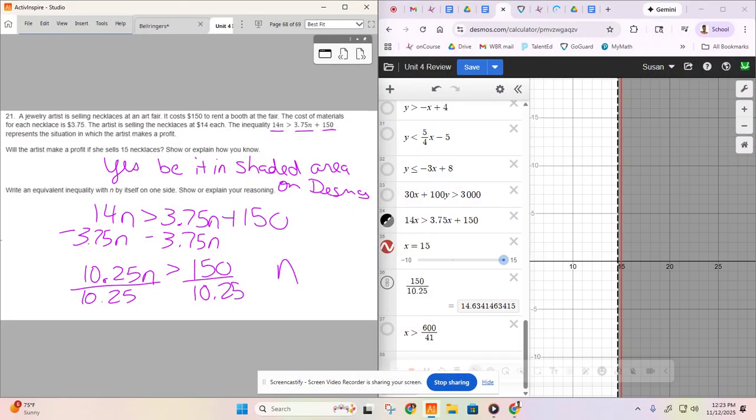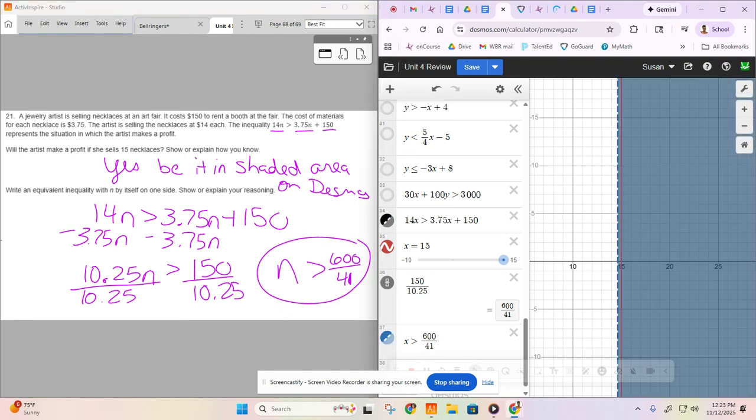And I'm going to use Desmos to help me with that fraction. So right here, to simplify the fraction, n is going to be greater than 600 over 41. And I can see that that is matching that original graph. It's the same graph. So I know my answer is correct.